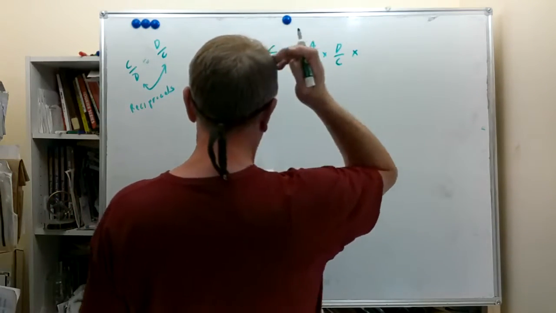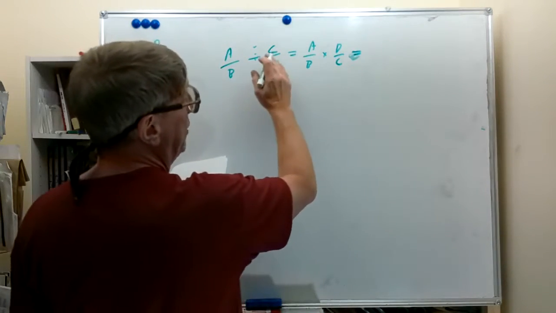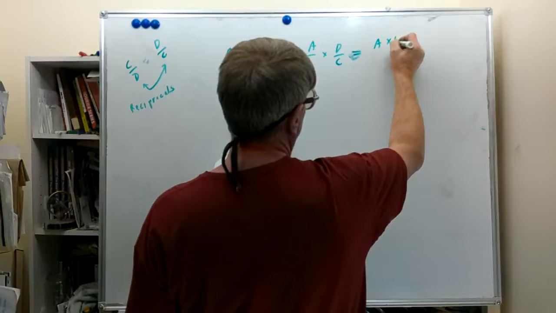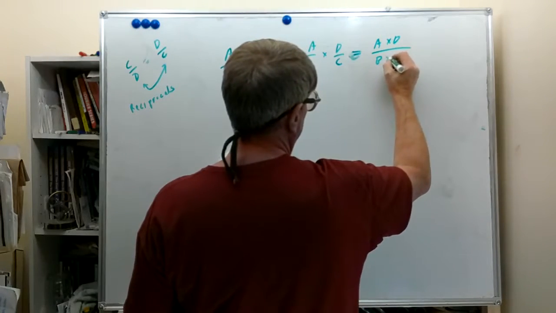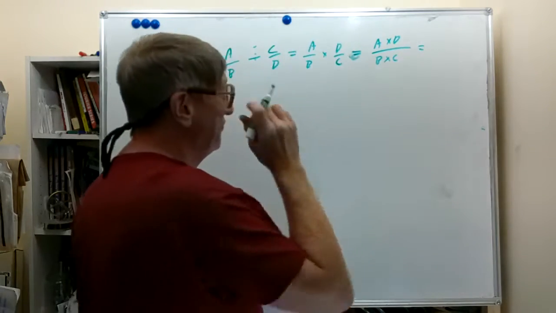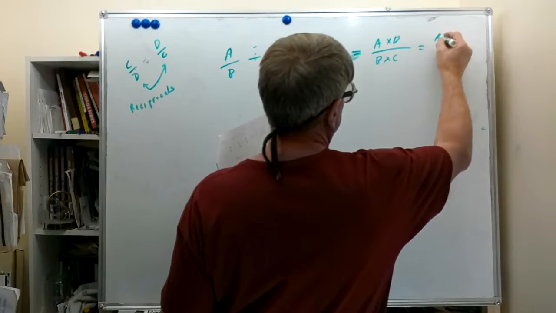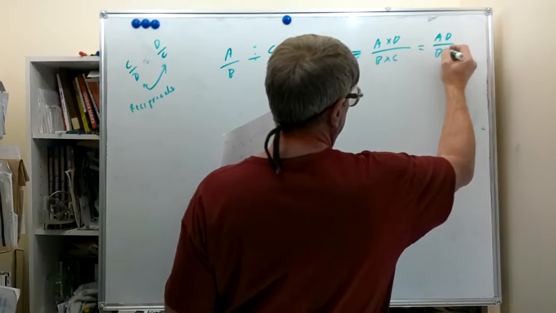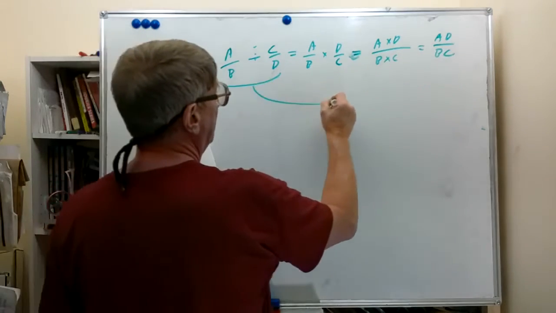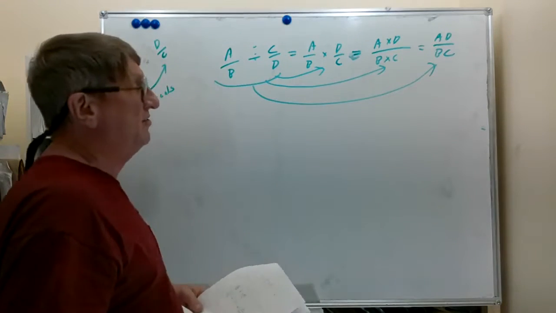To multiply, we multiply across the numerators and across the denominators, making it a single fraction, A times D over B times C. With variables we sometimes just push them together and use an implied multiply, so AD over BC. So this division problem is the same as this multiplication problem.